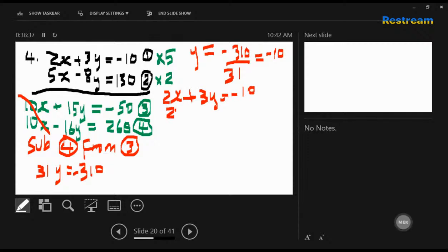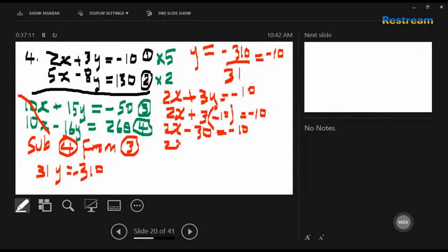So that means 2x plus 3 times negative 10 is equal to negative 10. So 2x minus 30 is equal to negative 10.